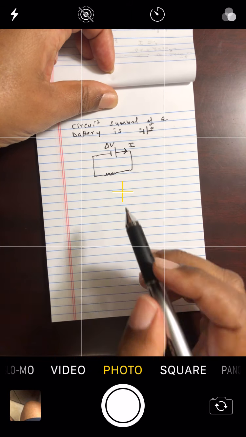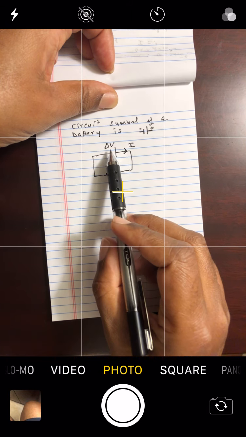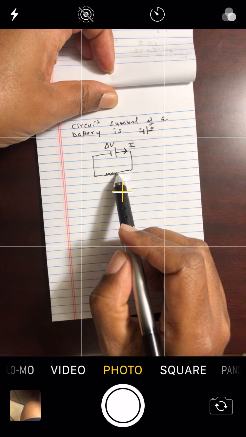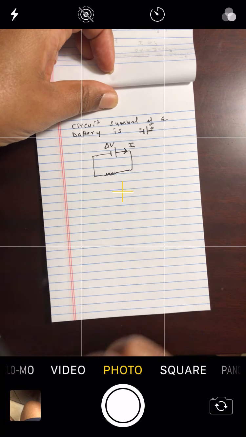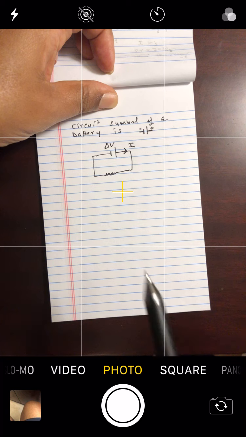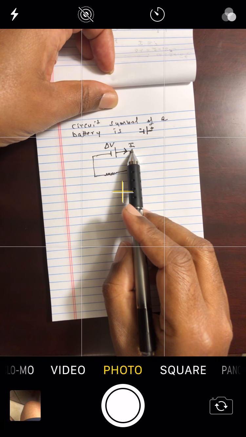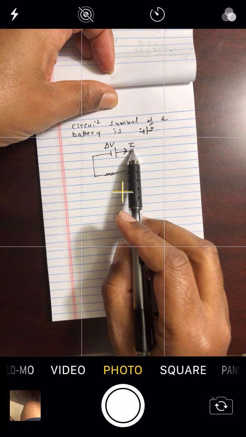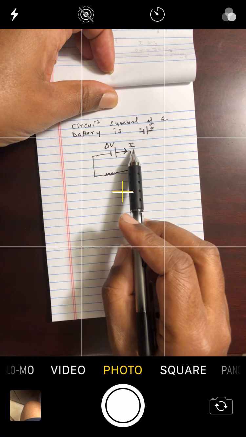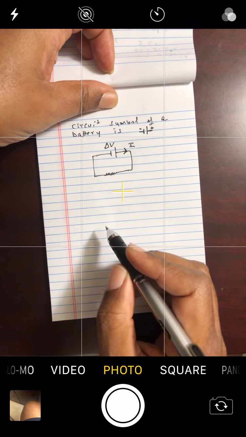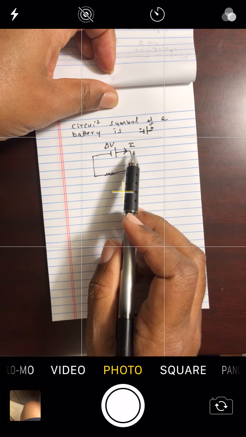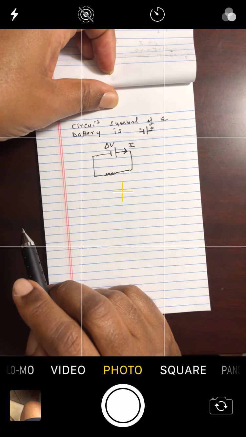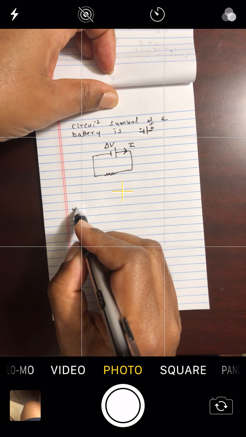Now we're looking at the relationship between the potential difference and the current crossing this device that we call a resistor. Experiment shows that this potential difference is proportional to the current. That is, if you double the potential difference, the current will double. If you triple the potential difference, the current will triple, and so on. That relationship is called Ohm's law. So let's state Ohm's law.